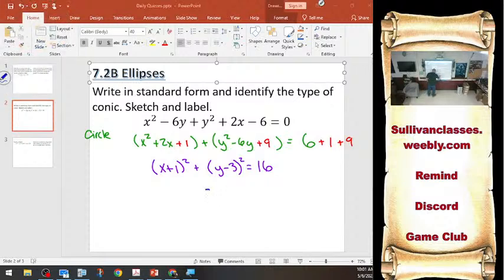And if my radius is 4, then I'll have a center at negative 1, 3. And I'll just go 4 units along all of my cardinal directions, my quadrantal angles, if you will, and go 4 to the right, 4 up, 4 to the left, and 4 down.